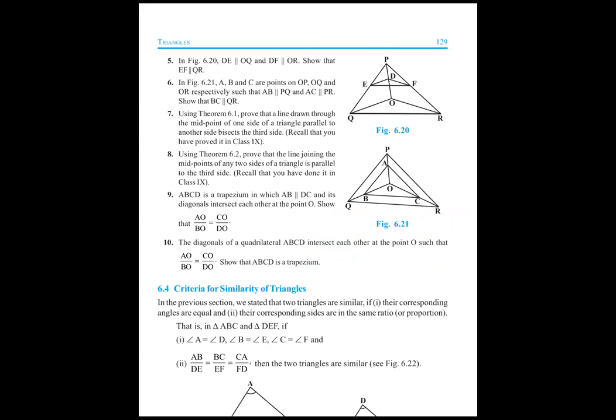So now you please try it yourself. Draw the trapezium like this. Name it ABCD. Join the diagonals. Then mark the point and draw the line which is parallel to both the sides, M and N. Then take two triangles.